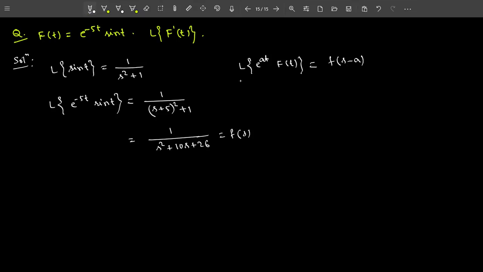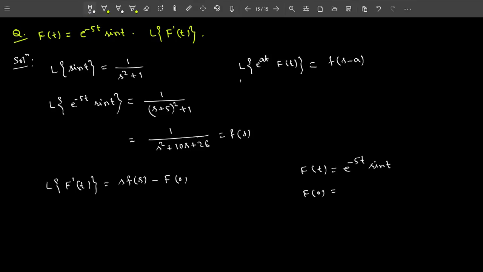Now you have to calculate Laplace of f dash t. So Laplace of f dash t is equal to, according to the formula, s F of s minus f of 0. Now what is f of 0? Actually f of t is equal to e to the power minus 5t into sine t. Now what is f of 0?